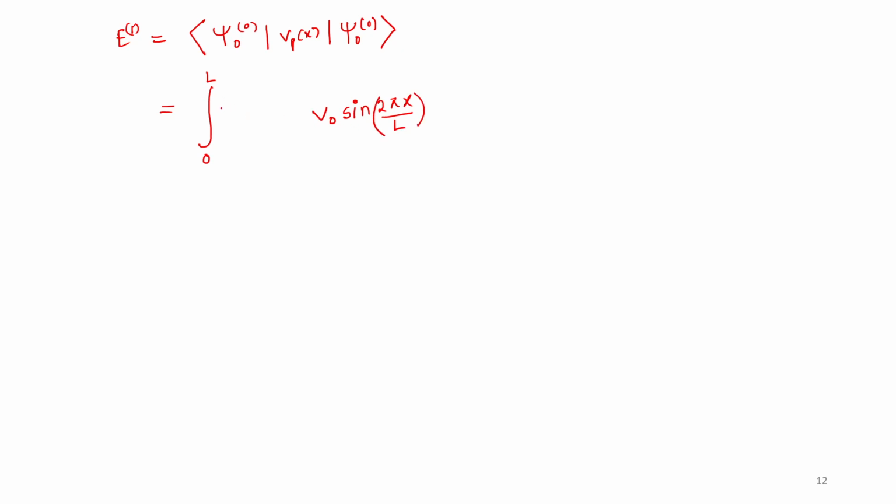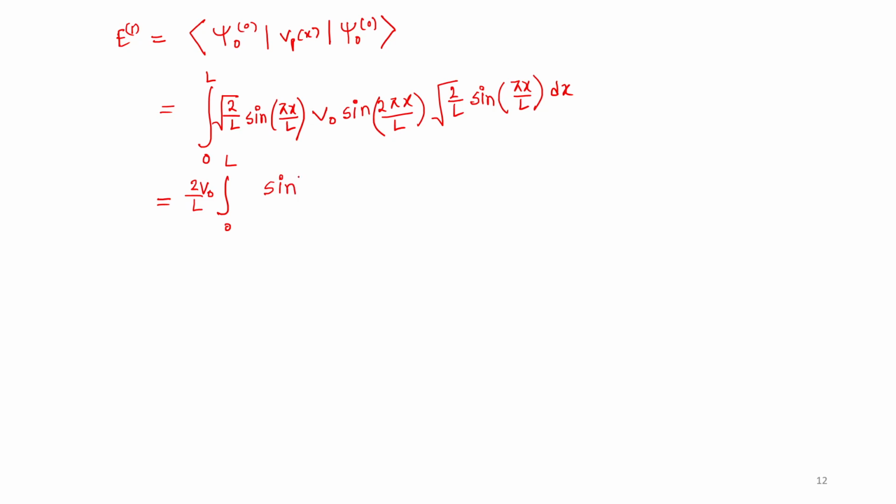What else do we have? We have root 2 by L sin pi x by L for the ground state. Here also it is root 2 by L sin pi x by L dx. Now 0 to L, it is 2 by L V naught. These are the constants I took outside.